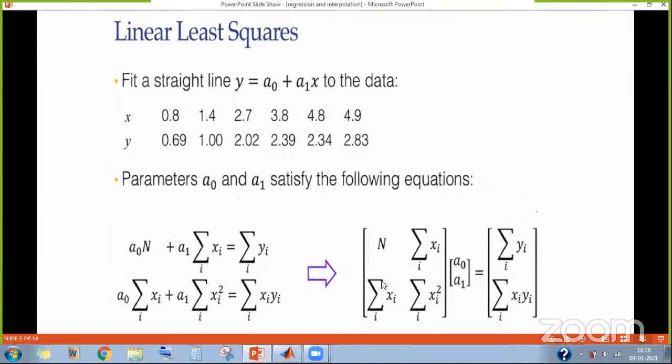Let's say it is matrix A and this is matrix B. So a0 and a1 can be found by inverse of A times B. Note that this gives us a 2 by 1 matrix, that is 2 rows and 1 column: the first row has a0 and the second row has a1. Now we will go into MATLAB and code this.